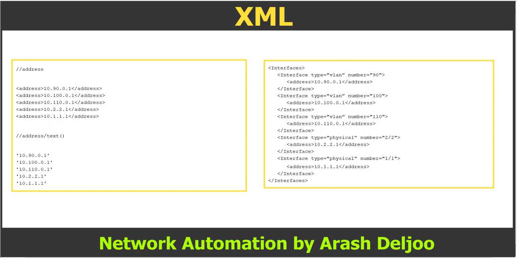In this case, you would only need the IP addresses, so you could instead run the following query: //address/text(), and then you would get the following result from running this XQuery. Also note that an in-depth discussion of XPath and XQuery is beyond the scope of this class. However, you should keep in mind that they are very useful tools for extracting information from XML documents.